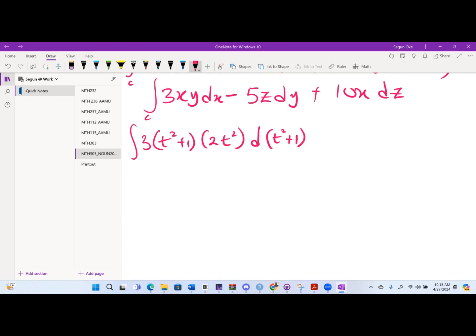Don't forget, minus 5 of z, my z is t cubed, dy means d of 2t squared, plus 10 times t squared plus 1, and dz is d of t cubed.